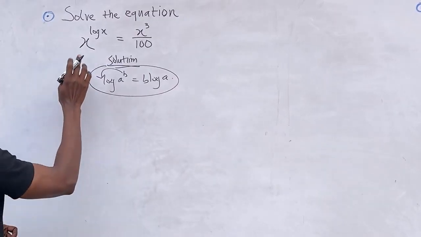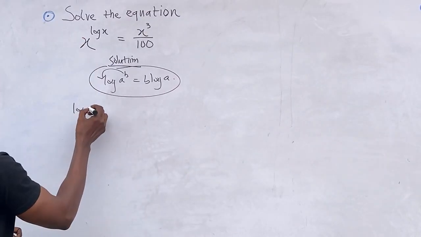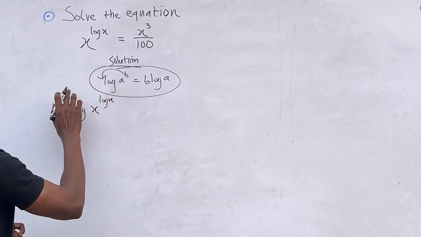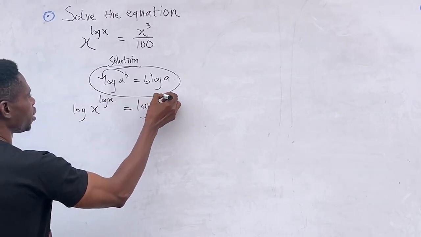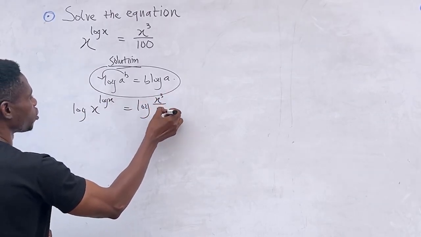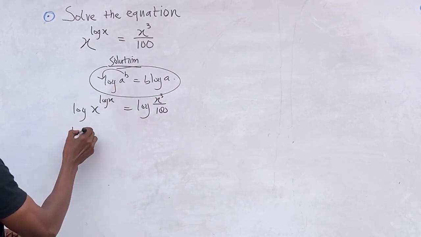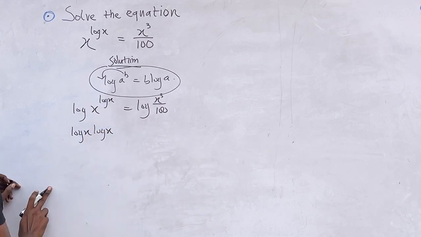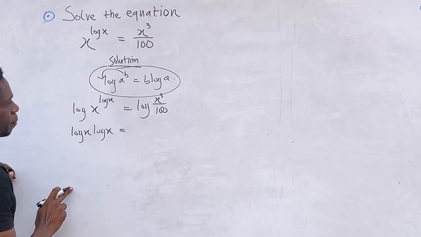So if we add log to both sides, so I'm adding log to both sides now, equals log x cubed over 100. So following this now, we'll have log x equal to, okay, we can do something here.